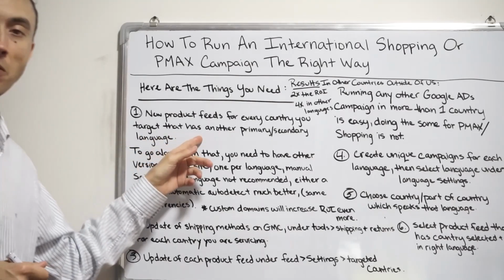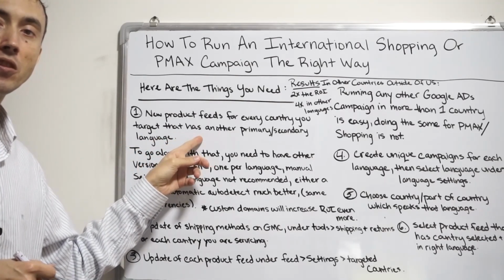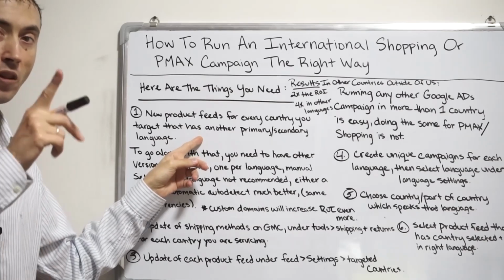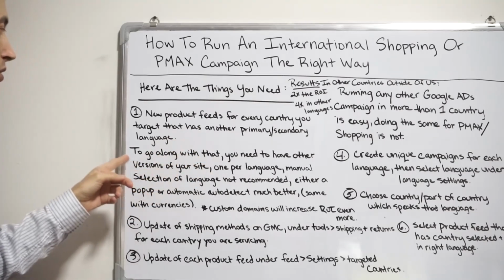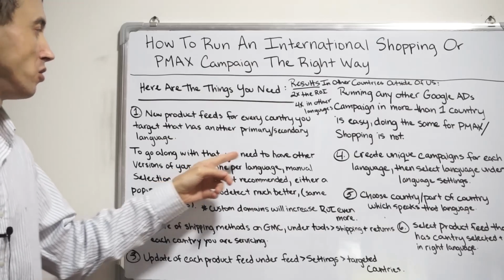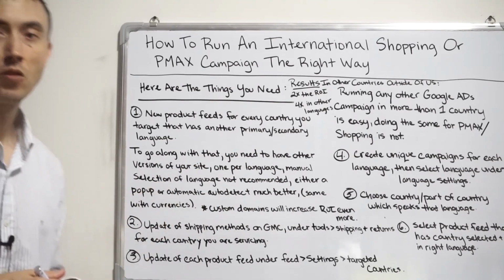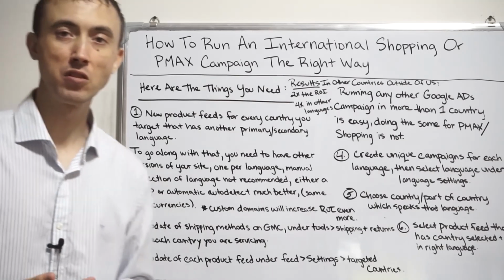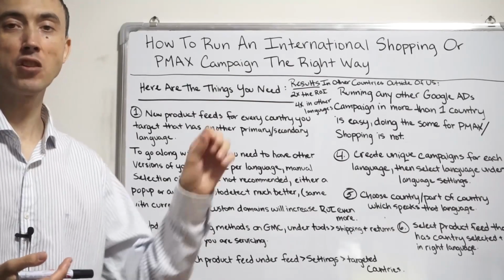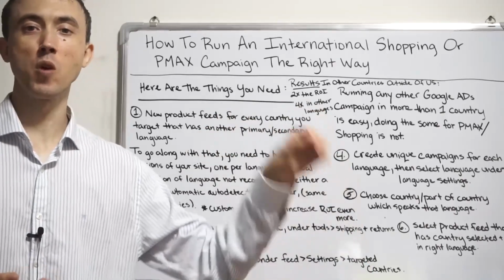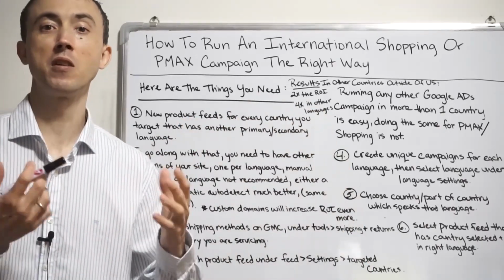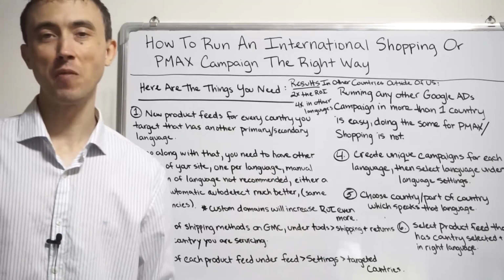So you create a product feed for every language that you're going to target. If you're going to target one language, one product feed. But to go along with that, you need to have other versions of your site if you are going to target people in other languages. In other words, you can't just have one product feed for English, one for Spanish, one for Russian, whatever, and then not change any of the stuff on your site.